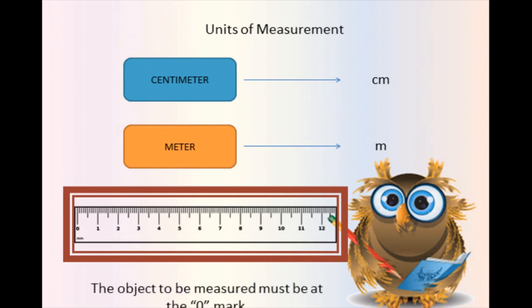Remember and again remember, when you measure objects, you have to begin measuring and put it at the 0 scale mark in order to get an accurate measurement of the objects.